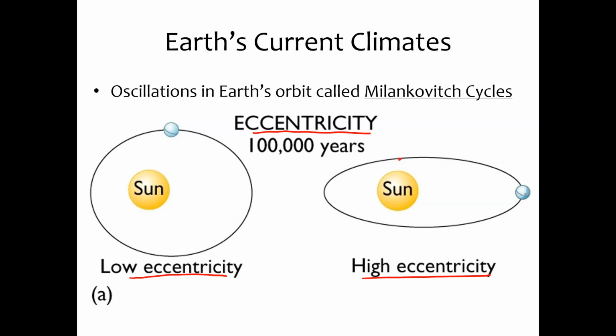Once again, this diagram is really exaggerated. It's not going to be that we're 3 times closer to the sun at some points than others when our orbit is the most eccentric, but it might account for a few million kilometers out of our 150 million kilometer radius on average orbit. And these can have some effect on Earth's climate.